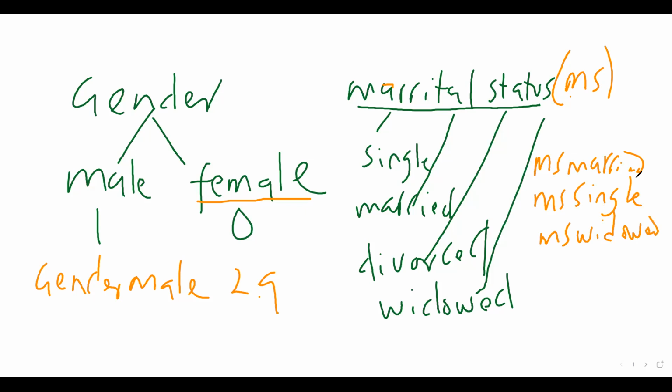But you will not see MS divorced. And the reason why you will not see MS divorced is that divorced would have been used as a reference category. And so anytime I mention married, I am mentioning married in relation to divorced. Anytime I mention single, I mention single relative to divorced. Anytime I mention widowed, I am mentioning widowed relative to divorced.